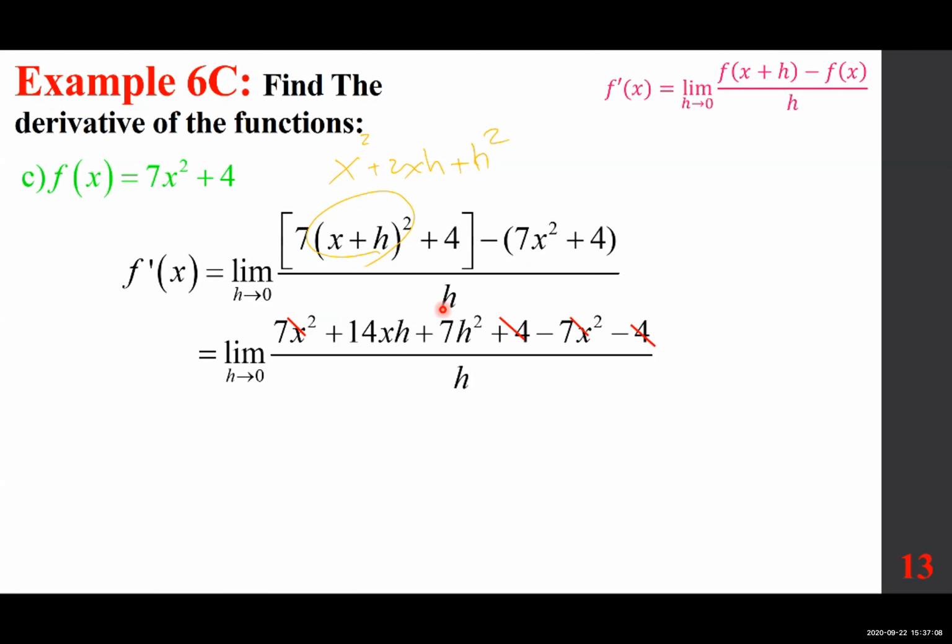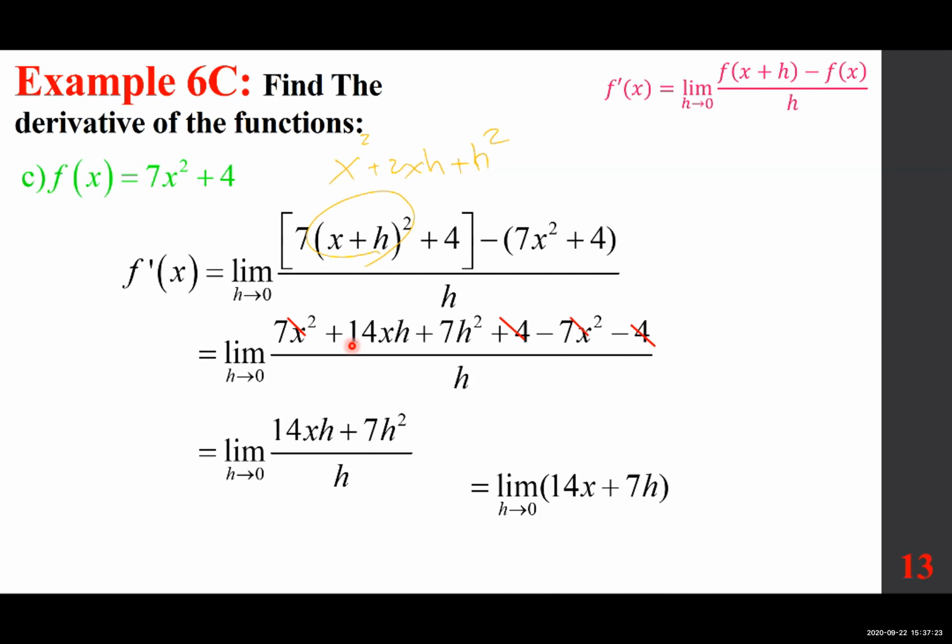What do we do? We factor out the h. And when we do that, the h drops. Let me just write that in case you need to see this.